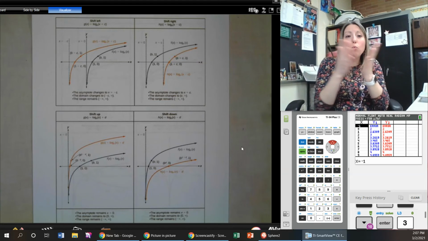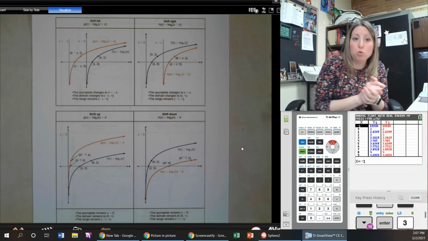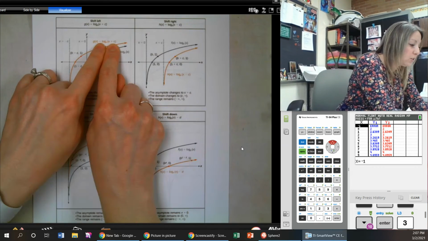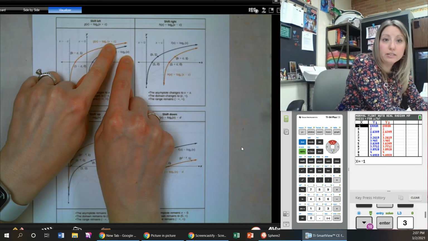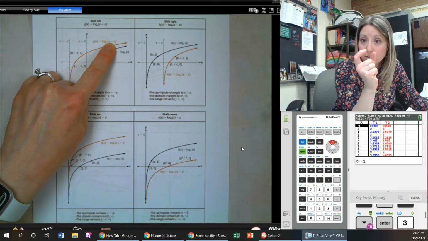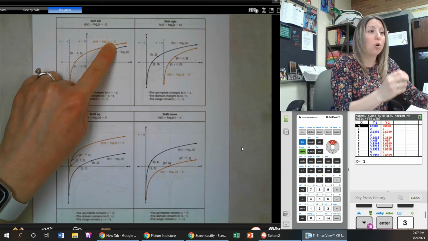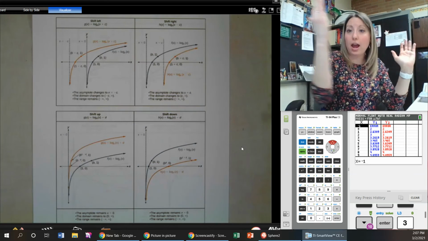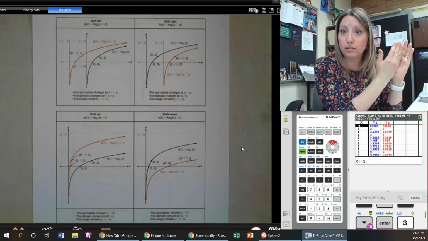Okay, look at when an asymptote moves. An asymptote moves when the value inside the argument part is changed. So if in parentheses your x has a plus or a minus, your asymptote is moving to those spots.